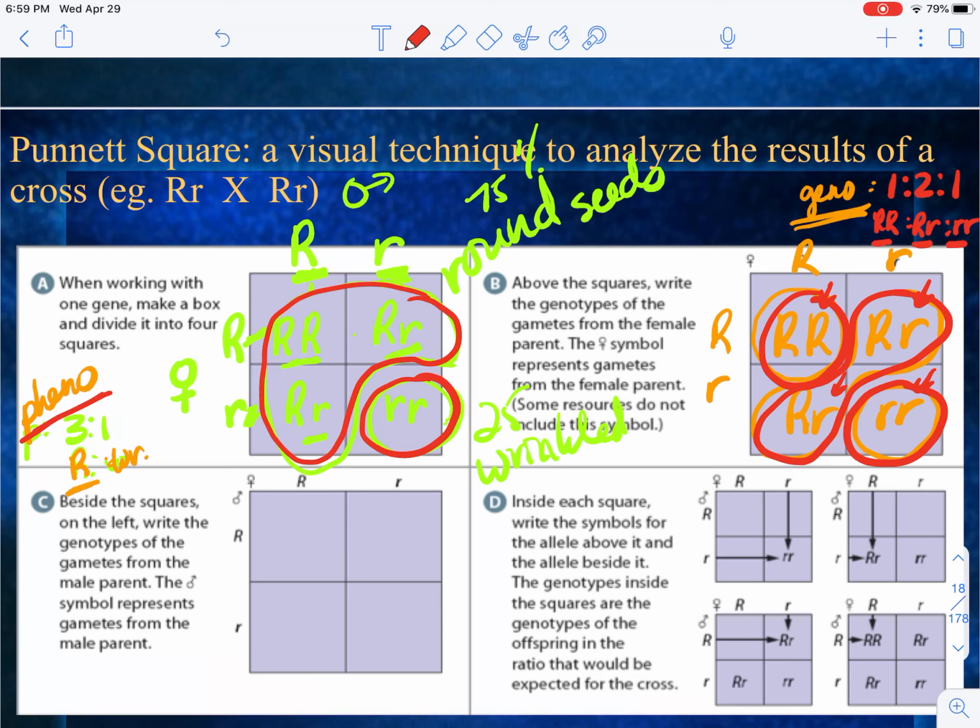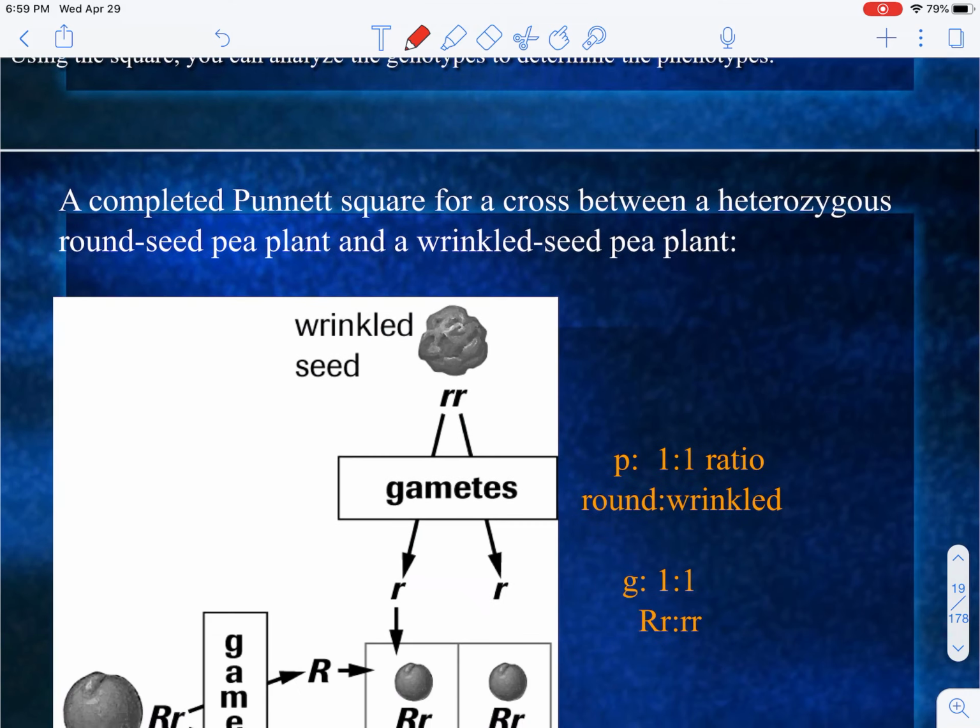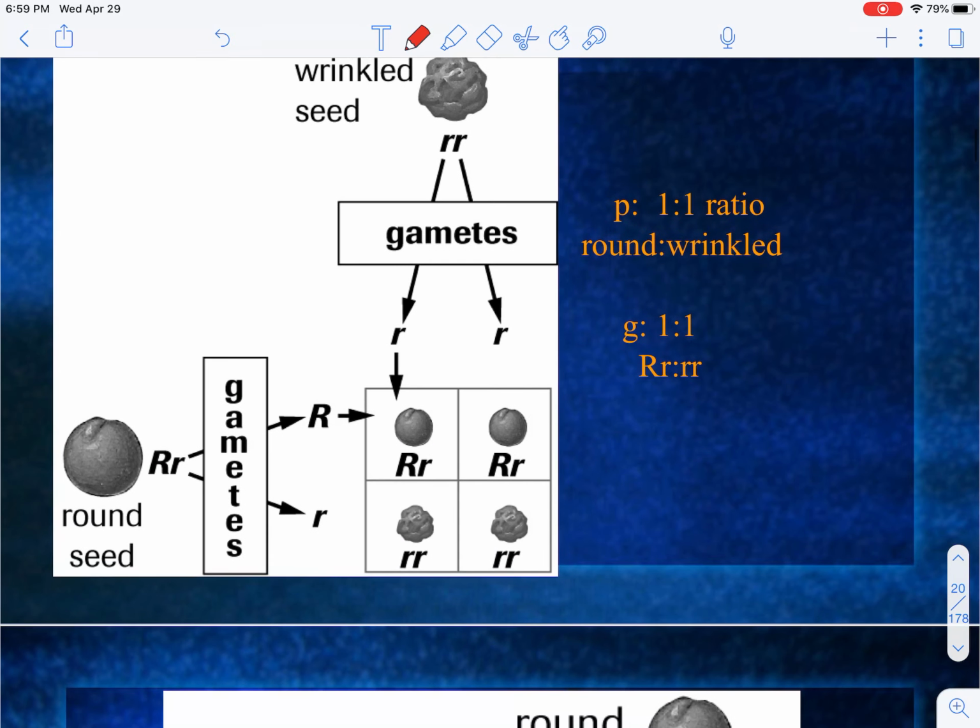The important thing about answering the questions is to tell, once you write a ratio like this, underneath write down what you are saying that that ratio stands for. And same with over here, physically they look 3-to-1, so you write down underneath that 3 would be round and 1 would be wrinkled. So you write down underneath what your ratio stands for.